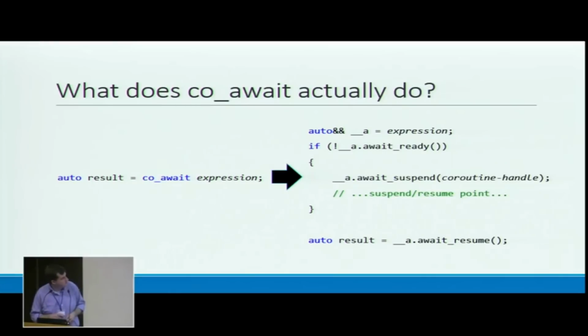And then there's a suspend resume point, and this is where control is returned back to the caller. When the coroutine is resumed by the caller, and we'll see how that works, it resumes execution there, and it calls this await resume function to allow you to customize the resumption behavior.